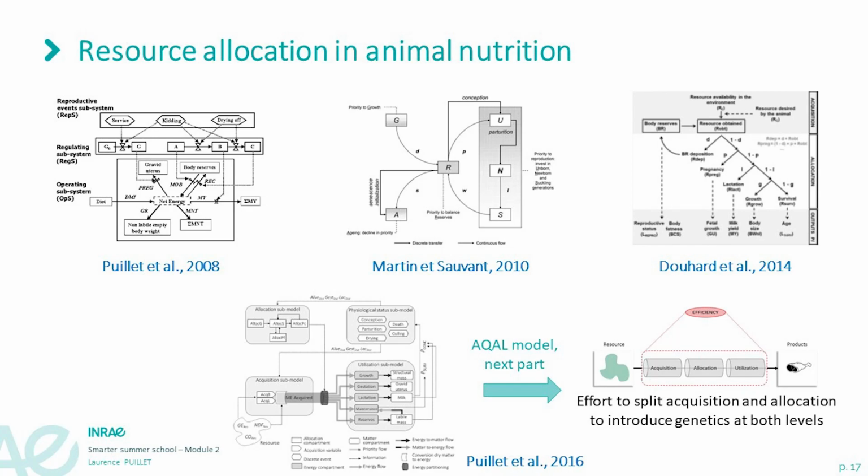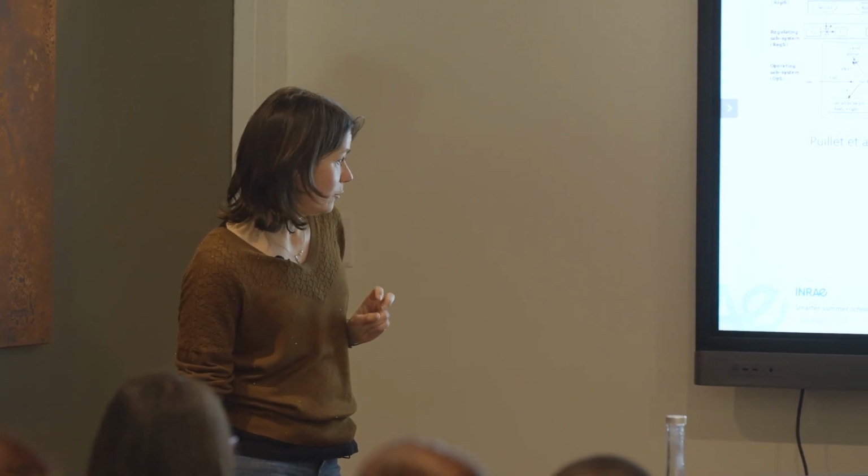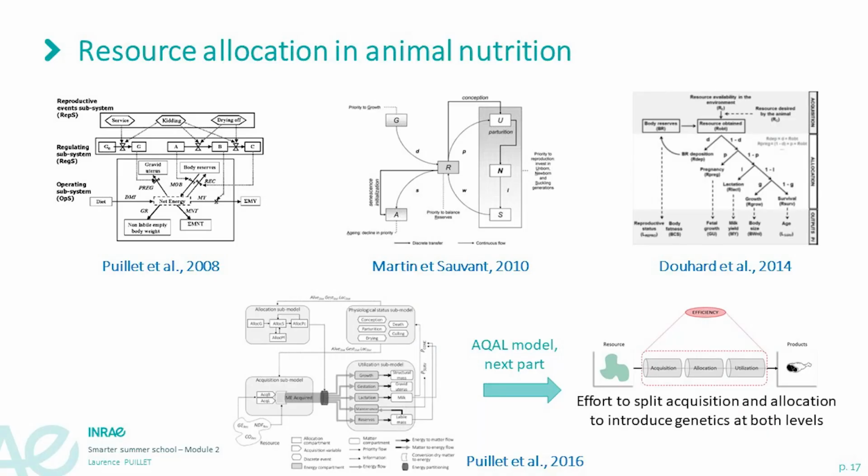I developed this model in collaboration with some people from ecology. Because in ecology they have the knowledge on allocation, but they miss all the data on nutrition. They can't run experiments with a squirrel or something like that. So there is a very good complementarity between these two areas. It was a very interesting collaboration with colleagues, Denis Réale, and this paper was the starting point for developing this model.